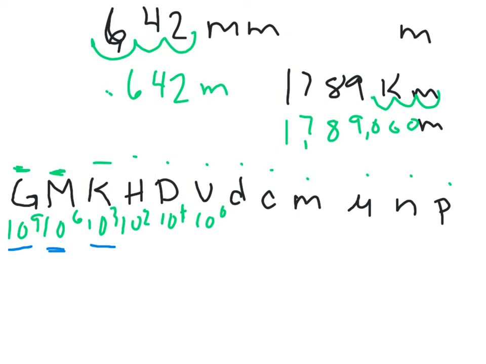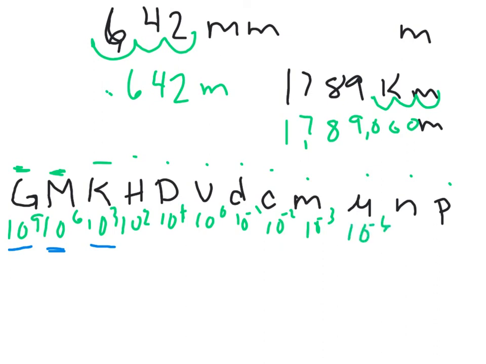On the other side, okay, deci is 10 to the negative 1, centi is 10 to the negative 2, milli is 10 to the negative third, okay? And then once you get to micro, nano, pico, again, alphabetical order goes M, N, P, okay? And that's, again, changing by a power of 3.